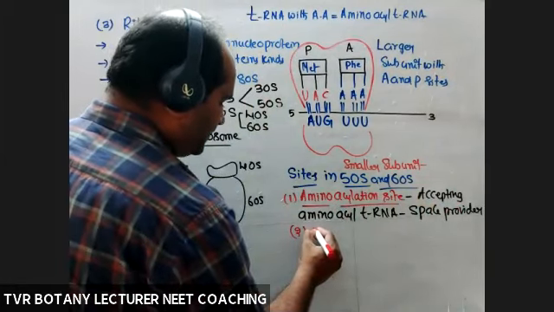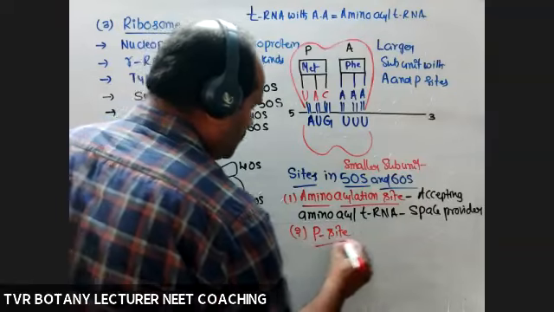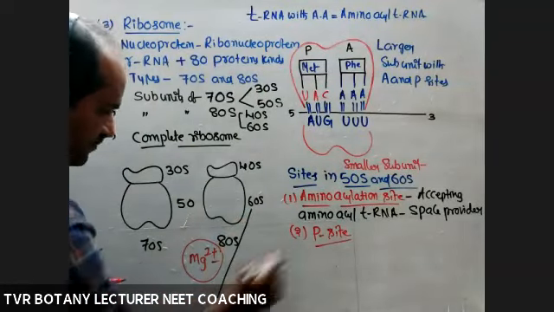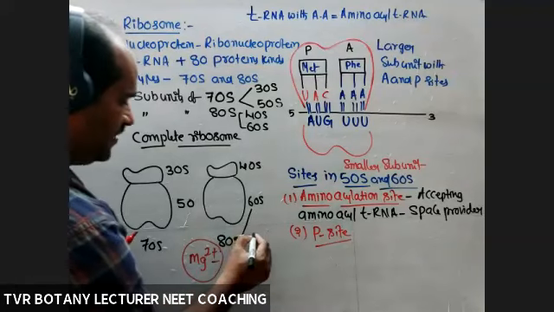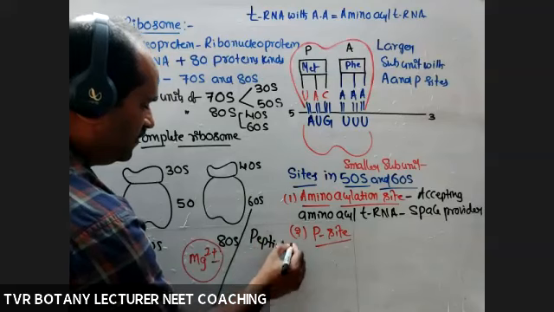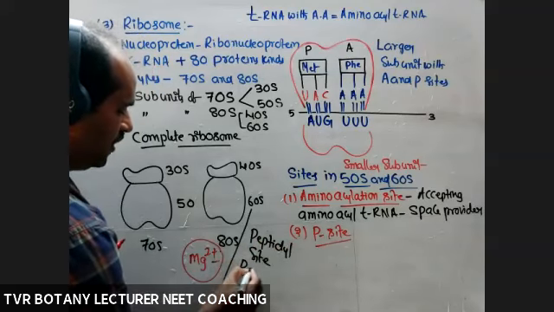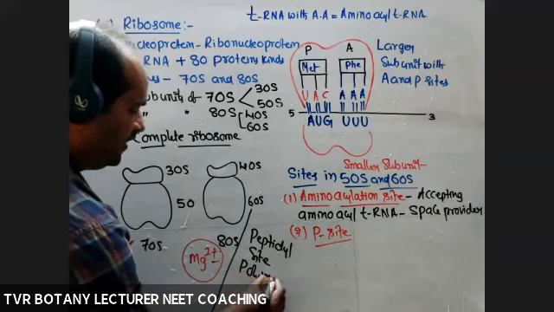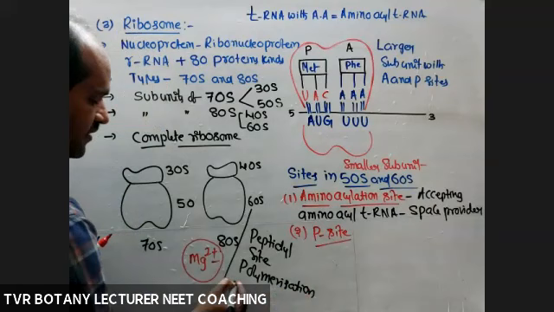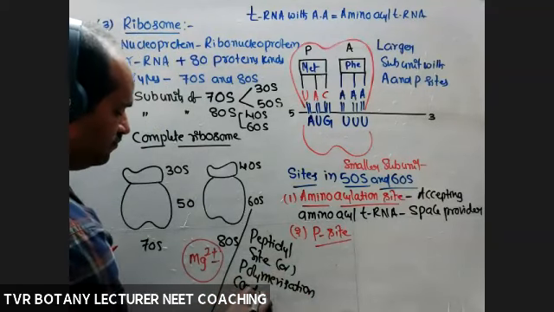Next one is the P site. What are the names of the P site? Here I'm writing: peptidyl site, or polymerization site, or condensation site.